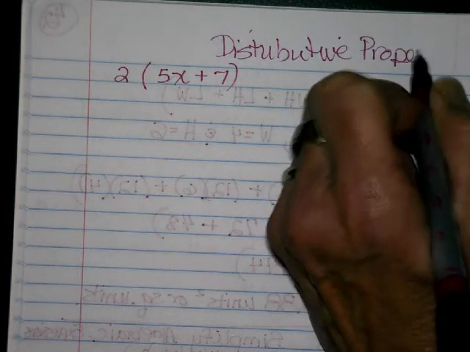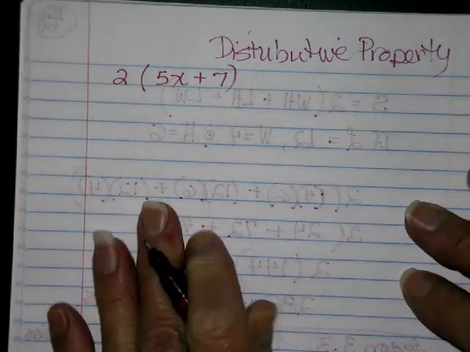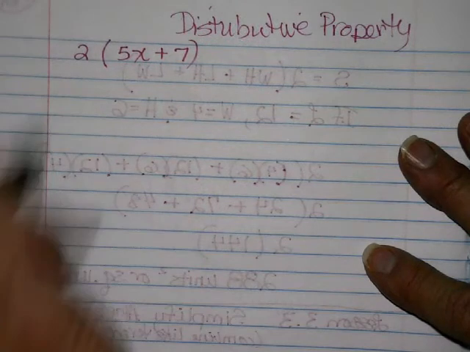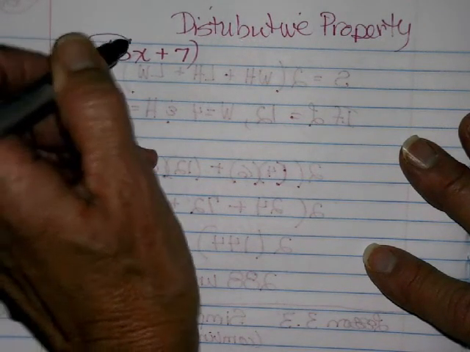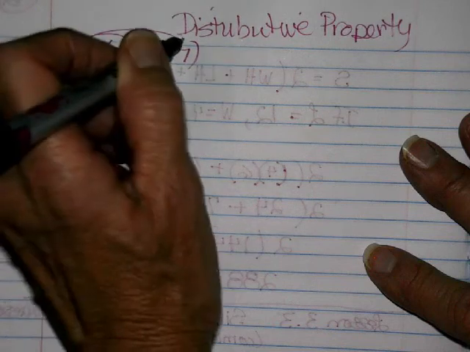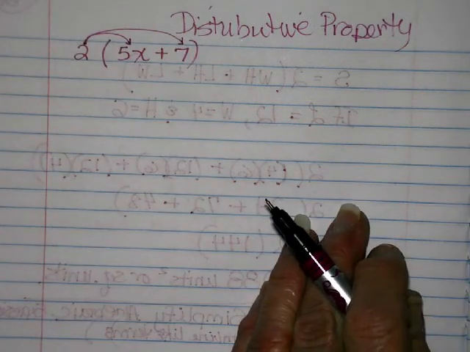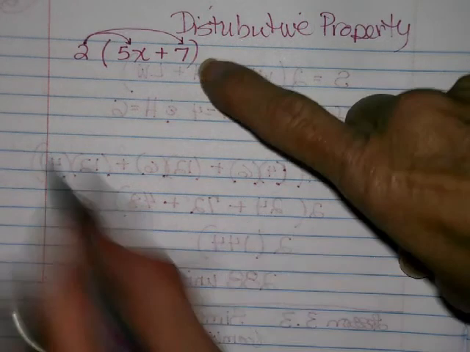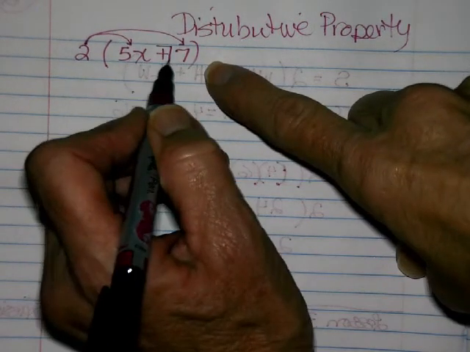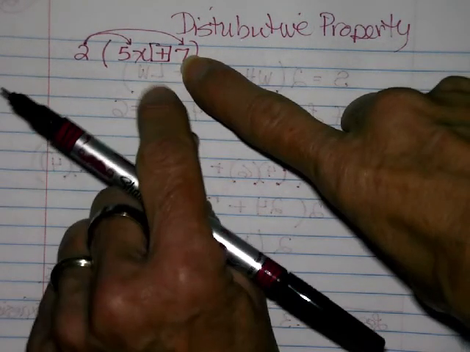What distributive property says to do is I always draw little arches. You can multiply the 2 to the 5x and to the 7. The reason you don't do that when you're multiplying everybody is because there's no addition sign.